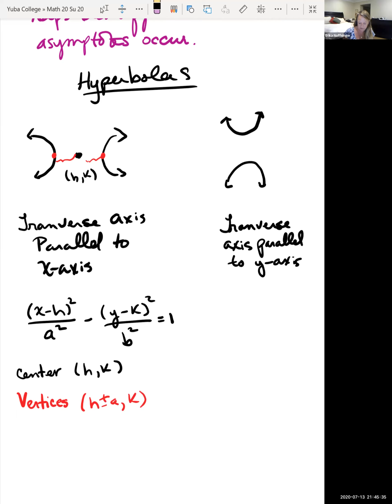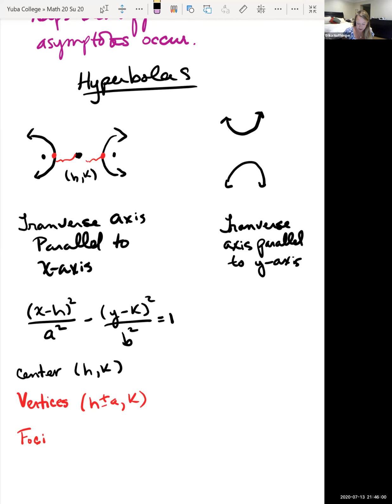Okay. My focus, or foci, because it's plural. This is where your hyperbola is facing. So if it's facing left and right, we have points here. And we're going to either add or subtract c from the x value of our center.